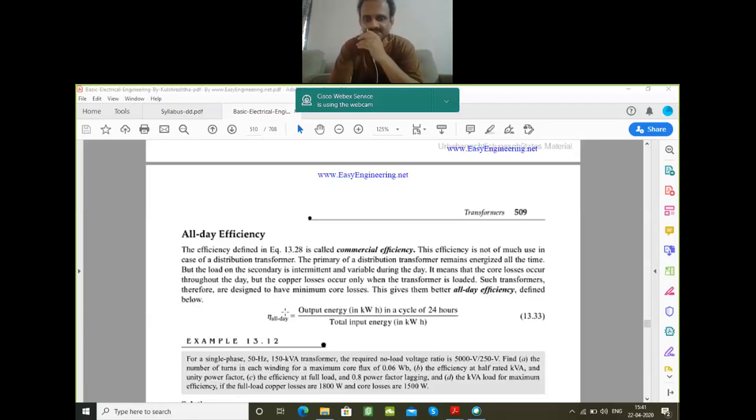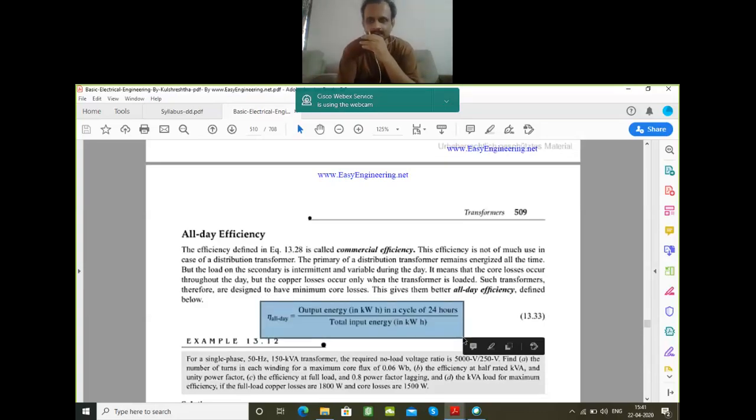So all day efficiency is given by this formula. What is all day efficiency? It is the output energy in a cycle of 24 hours divided by total input energy.